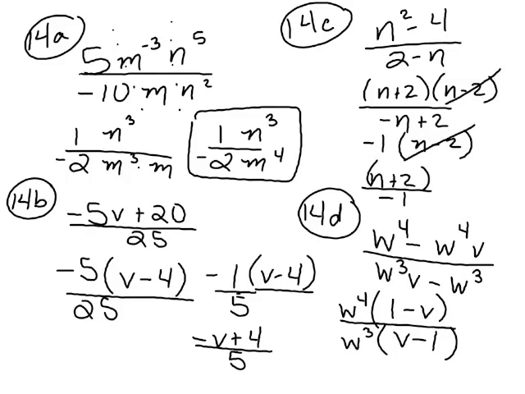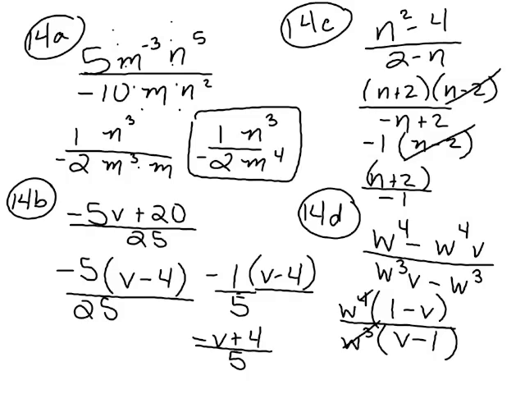My w's, 3 of them will cancel, won't they? So that will disappear. I'll be left with 1 on the top. Now, 1 minus v and v minus 1, I need to probably rearrange that so I can see what I'm doing.